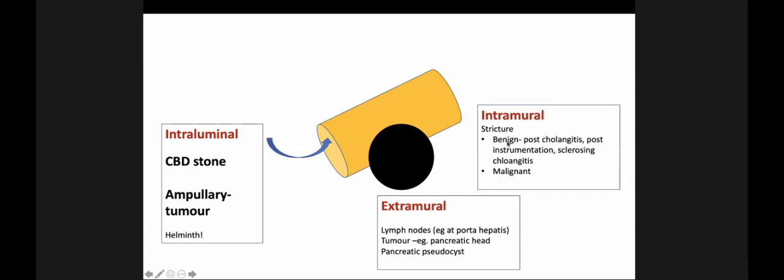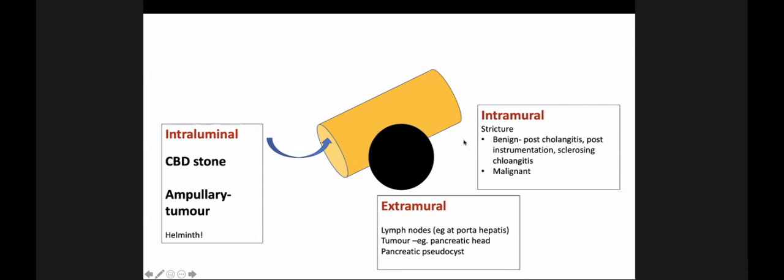So how can you get a benign stricture? If you had an episode of cholangitis, you might get a stricture after that. If you've undergone instrumentation like an ERCP, then maybe a few months or years later, you can get a stricture. And there are autoimmune conditions like sclerosing cholangitis, which can also cause strictures.